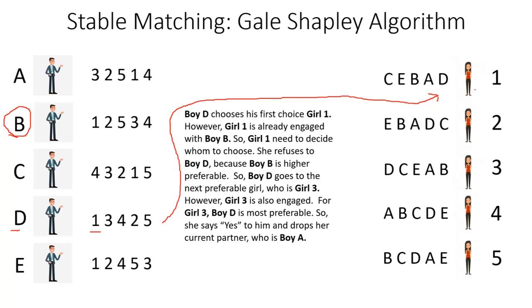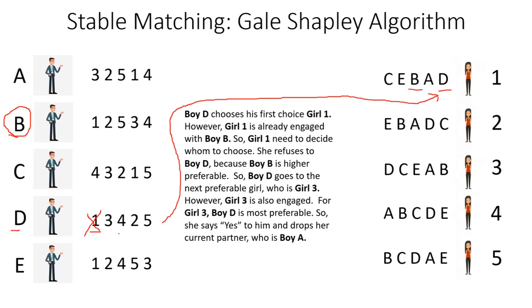She takes a look at her preference list, and she sees that boy D is not more preferable than boy B, because as you can see, boy B is in 3rd place, meanwhile boy D is in 5th place. So she refuses the offer, and we remove girl number 1 from the preference list of boy D.